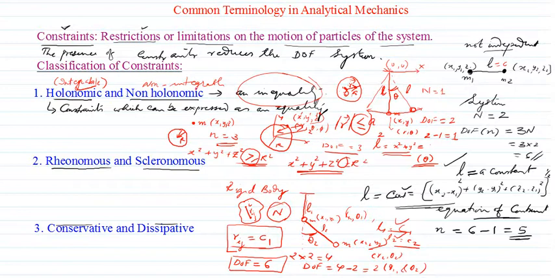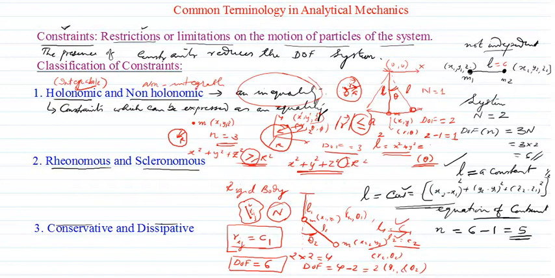And the speciality, I think you would have noted by now, is that the presence of holonomic constraints reduces the degree of freedom of the system. If there are two holonomic constraints, then the degree of freedom of that system will be reduced by 2.